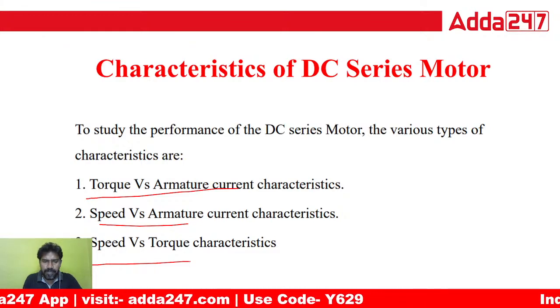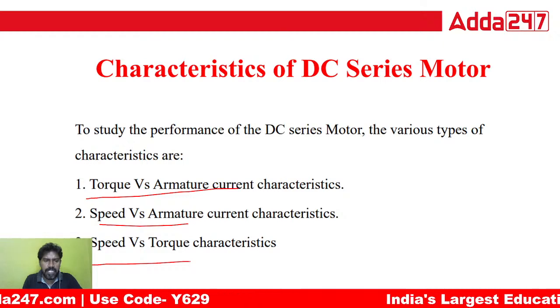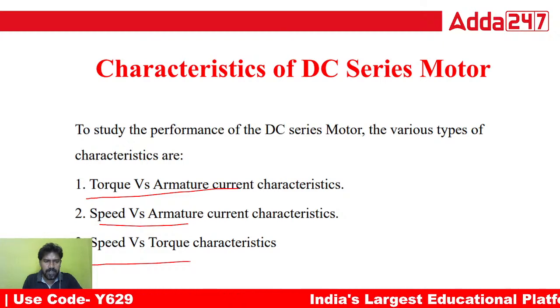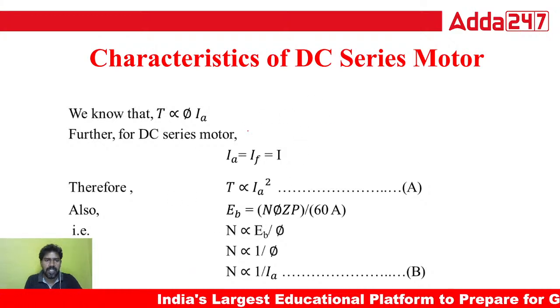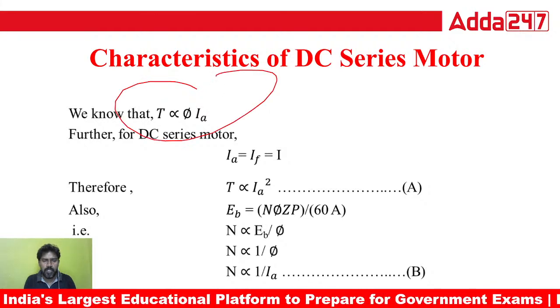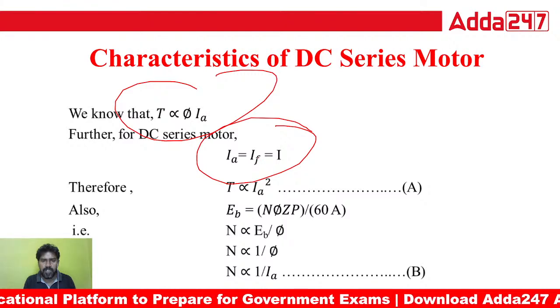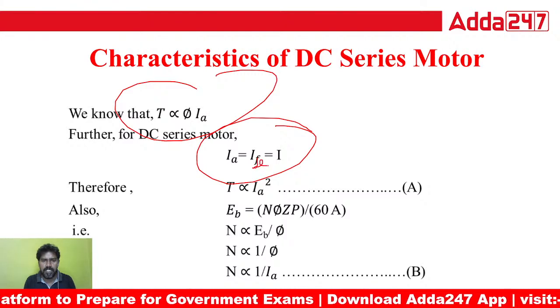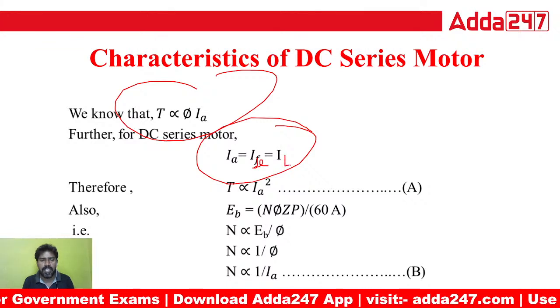So how do we get the equations? I am giving some relations here, so keep them in mind. Torque is directly proportional to flux into Ia, but Ia is equal to If, the field current, which I represented here as ISE, is equal to Ia, which is equal to IL, the line current.